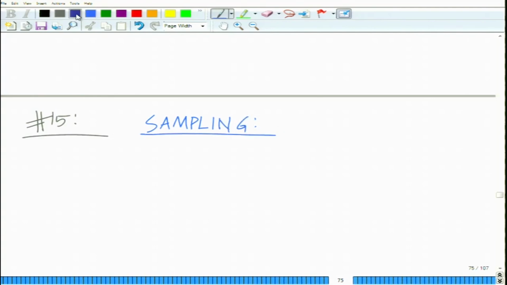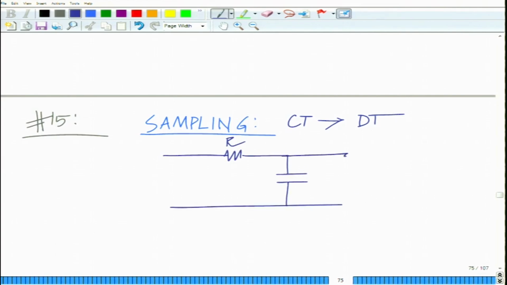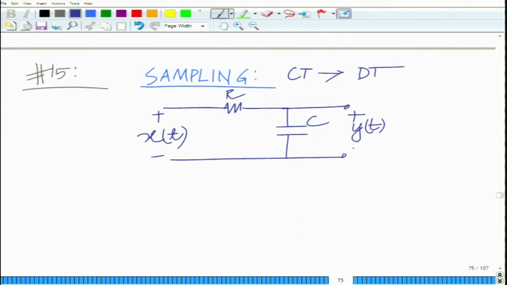So, sampling from a continuous time system, we have the discrete time system. So, we have an RC circuit, resistance R, capacitance C, output across the capacitor C, input across the RC serial combination. So, we have the input voltage x t, output voltage y t, and we have seen this several times before.